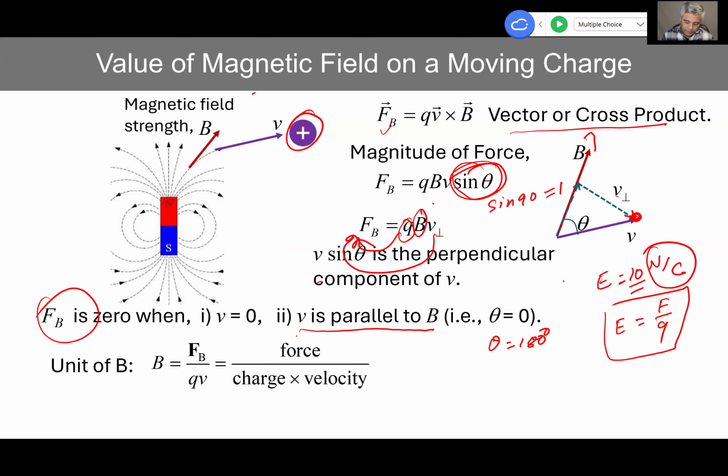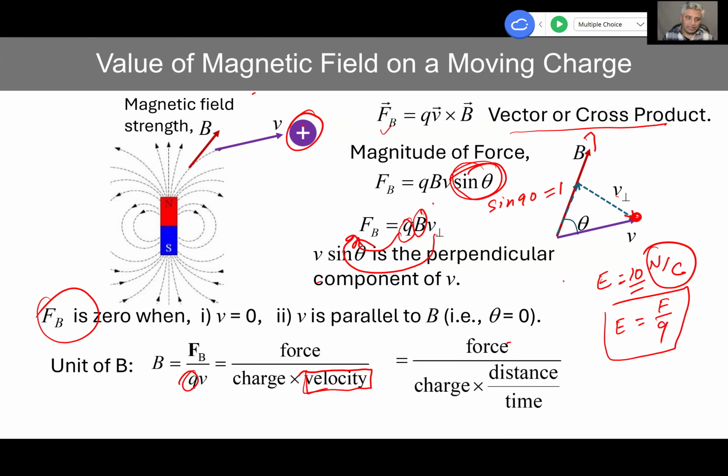So this is force, this is charge, right? And this is velocity. Now let's do a slight reorientation: rather than in terms of charge, let's write in terms of current. We can find that by writing this velocity as displacement divided by time, or distance divided by time if you are just looking for the unit. Direction does not matter for the unit.